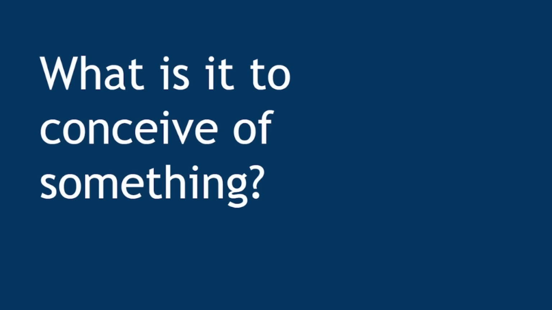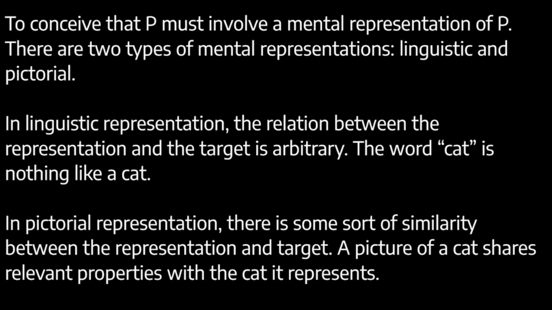But is it true? Well, the big question here is, what exactly does it mean to conceive of something? If we claim that conceivability indicates possibility, then we need to say something about what conceivability is. Francesco Berto and Tom Schoonen, in their article Conceivability and Possibility, suggest that there are at least two ways of thinking about this, and this derives from work in cognitive psychology that distinguishes two types of mental representation, linguistic and pictorial.